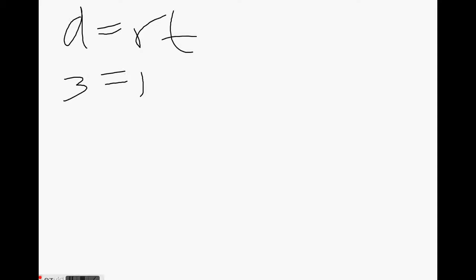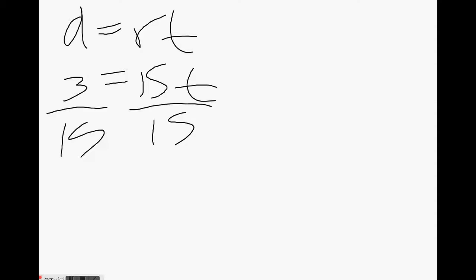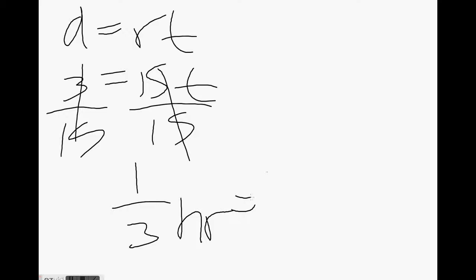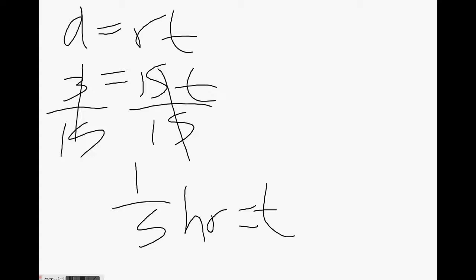So the rate is 15 miles per hour, and we don't know what the time is. So we have to get T by itself. The easiest way is to divide both sides by 15, and the answer would be 1/5 of an hour equals T. Well, that's not really helpful, because 1/5 of an hour, I have no idea what that is.